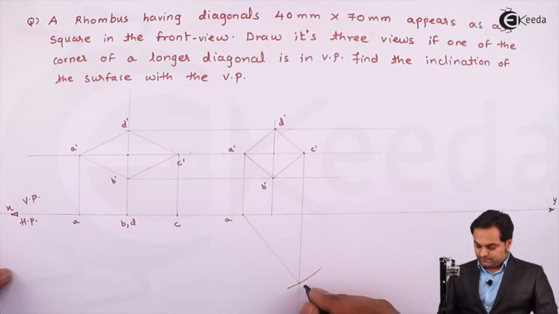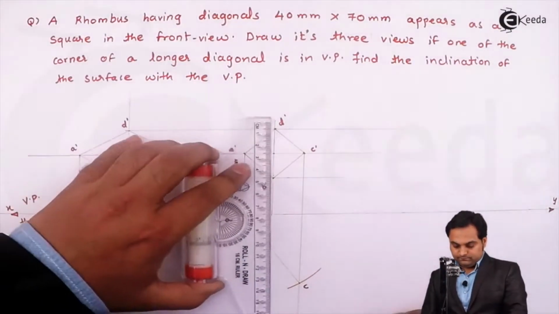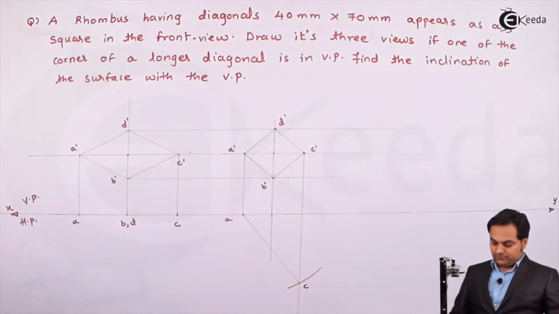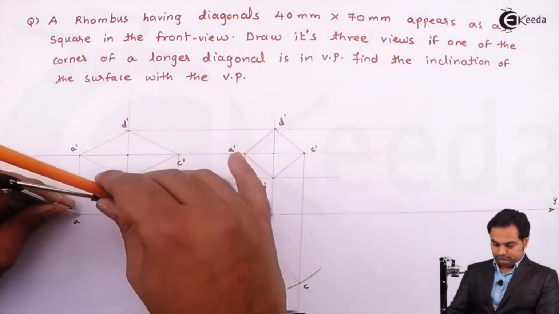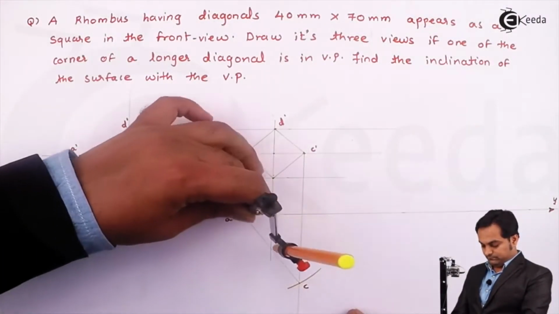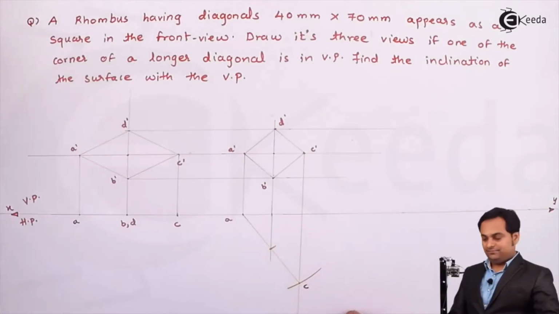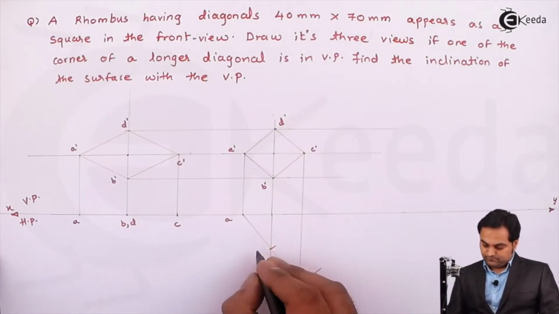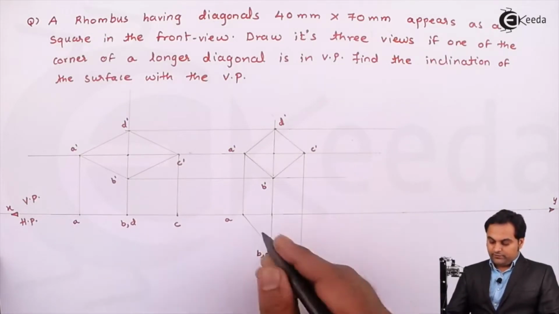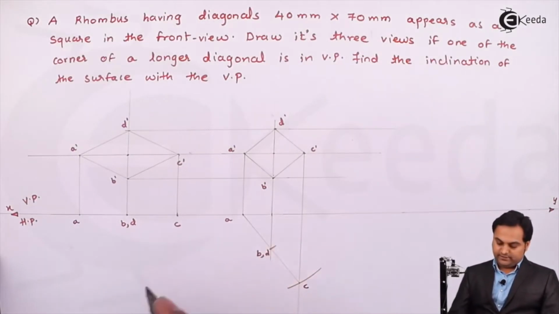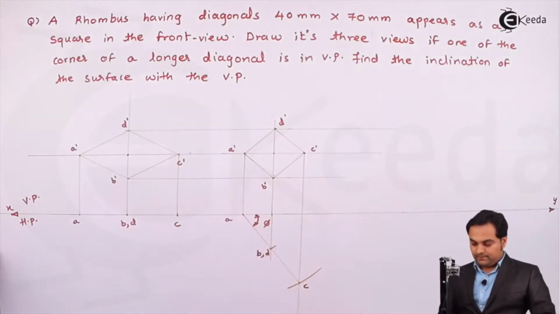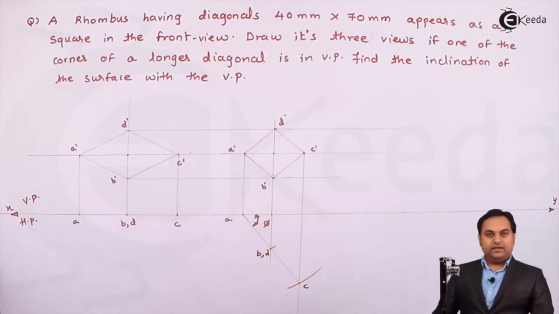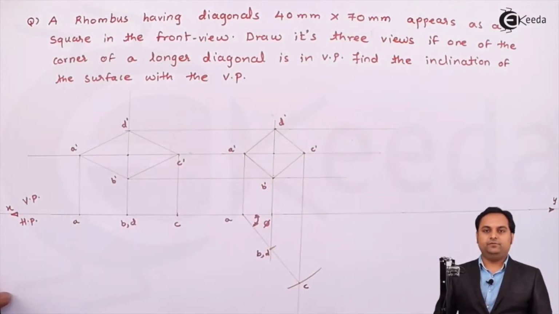Here is point C, projecting these points, and at the same time coming onto the same location, points B and D. So here this plane has become inclined. Inclined with VP, it is seen in HP, denoted as phi. Now here I can see that the plane has been turned. So this rhombus has become a square in the front view.